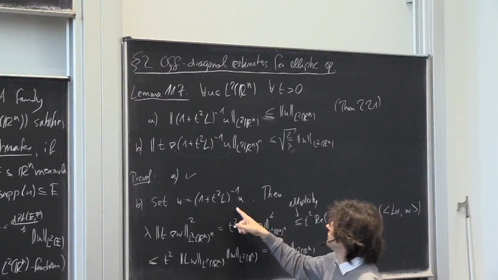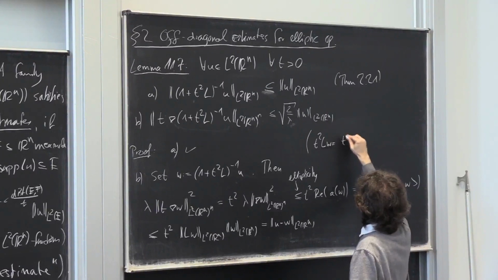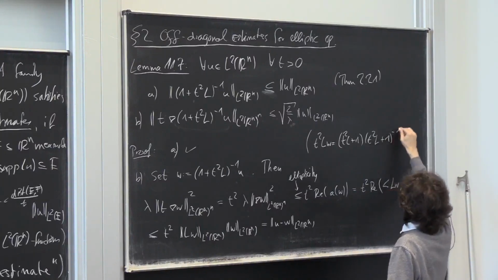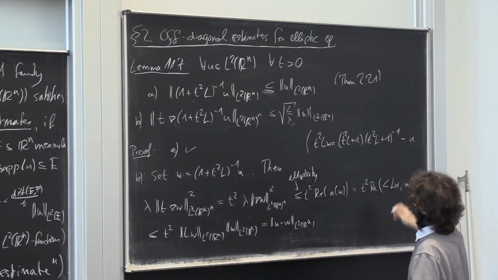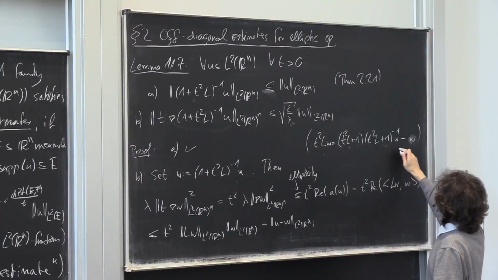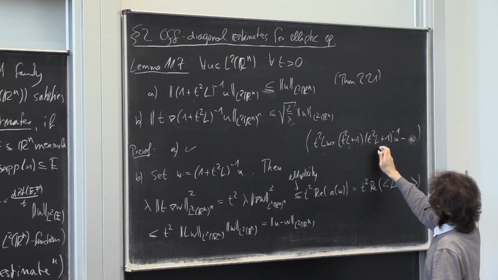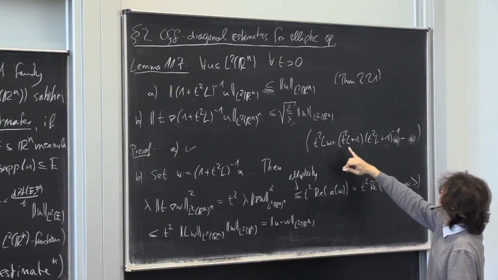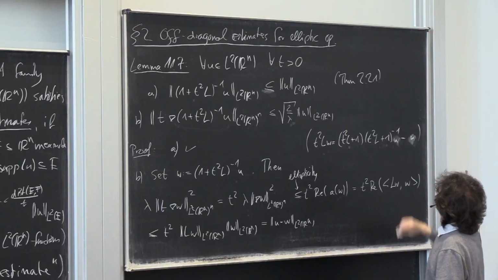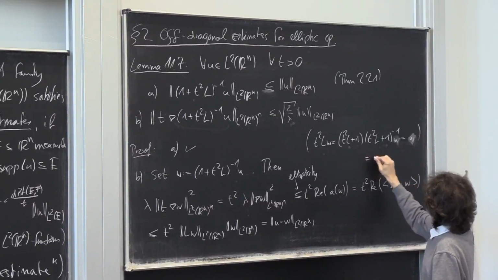If you apply t squared L to w, so t squared Lw is t squared L times (t squared L + 1)^-1 u. Then t squared L times this is that, and then you have 1 u left minus u, and this is minus w, and this is u minus w.